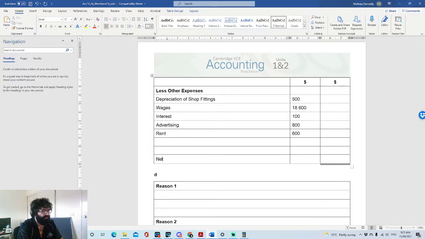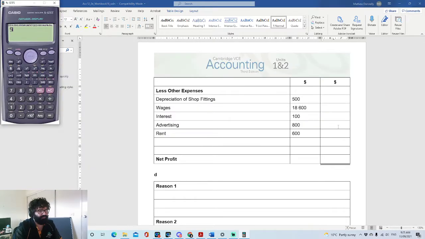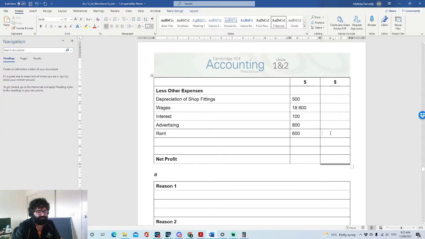And then the net profit. So let's put our numbers in. We'll go 500 plus 18,600 plus 100 plus 800 plus 600 is 20,600.